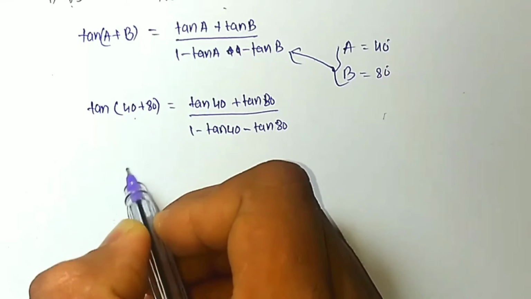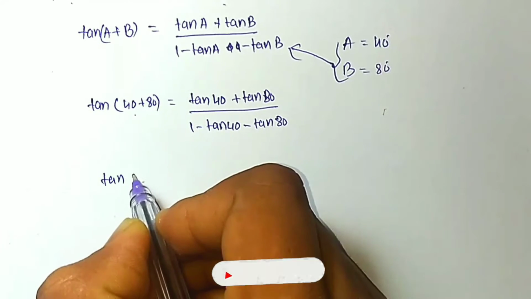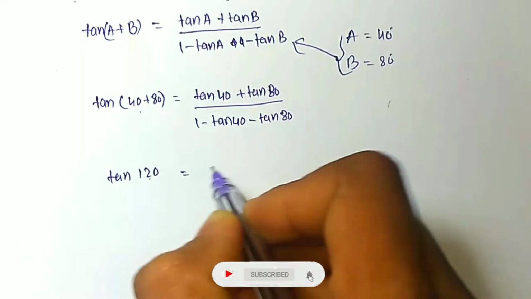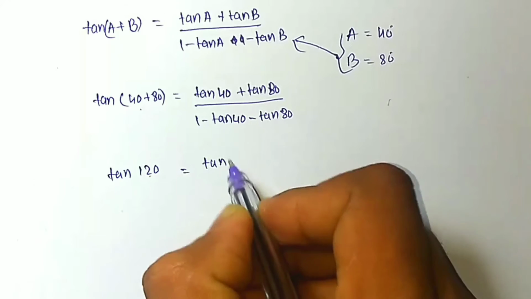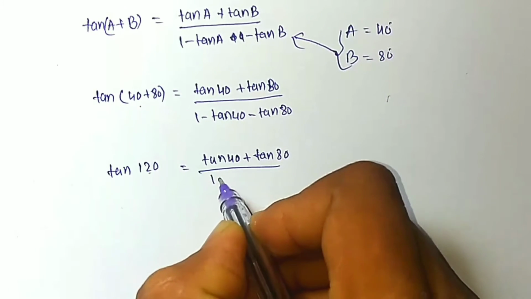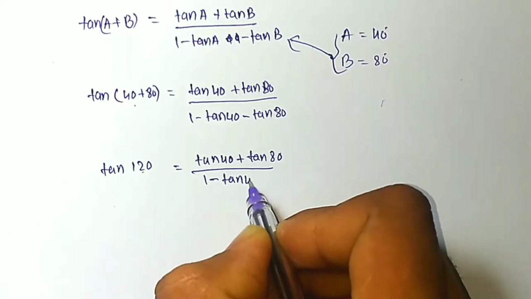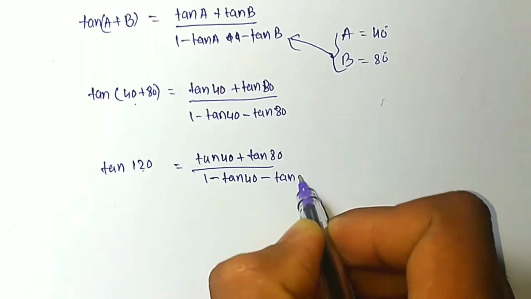Tan 40 plus 80 gives tan 120 equals tan 40 plus tan 80 by 1 minus tan 40 tan 80.